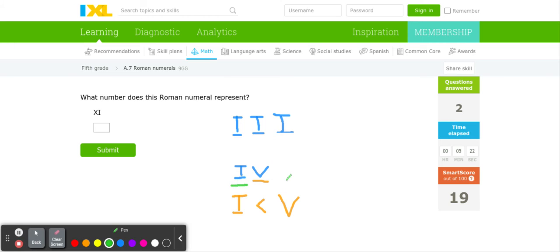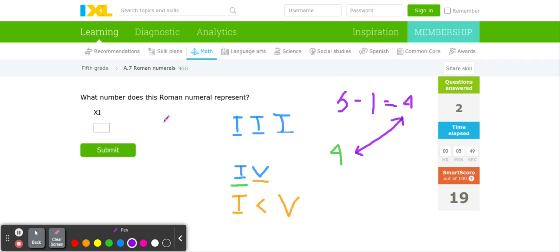So IV would actually stand for 4. This is because V is 5, and 5 minus the 1 from here equals 4. So you do not put 4 I's, but instead you write it like this, IV.